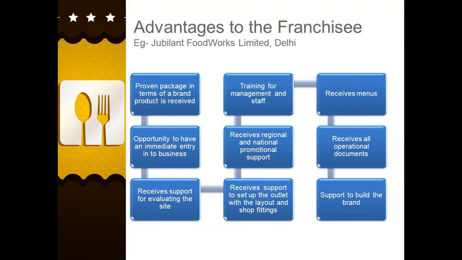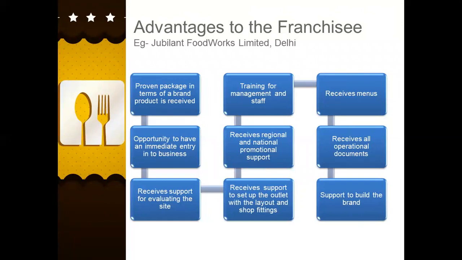They receive support for evaluating the site. A franchisor comes in between and helps the franchisee in evaluating the site. They also give training for management and staff. The franchisee receives regional and national promotional support.